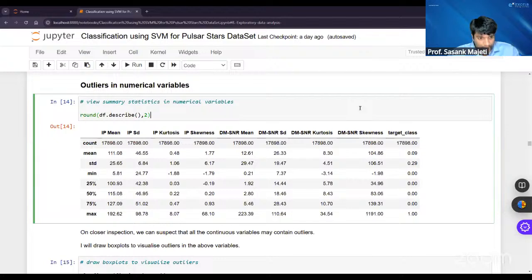This is for all the numerical values, leaving out the target class, which doesn't make any sense because it is just zeros and ones.